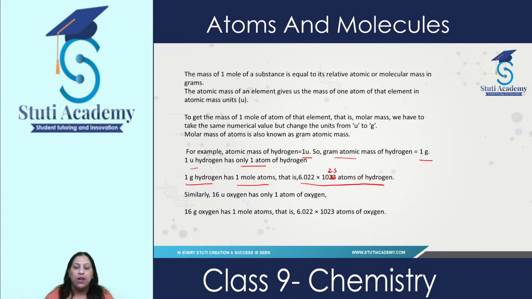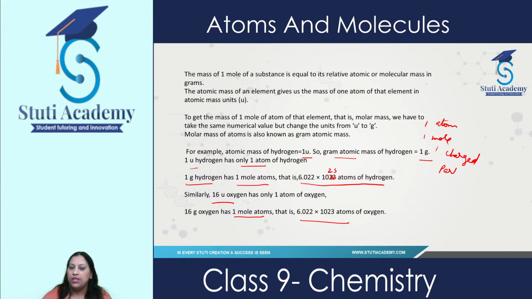Similarly, another example is oxygen: 16U oxygen has only one atom of oxygen. So it means it has 1 mole of atoms, which is equivalent to the same Avogadro's number. So this Avogadro's number is always equivalent for one atom, one molecule, one charged particle.